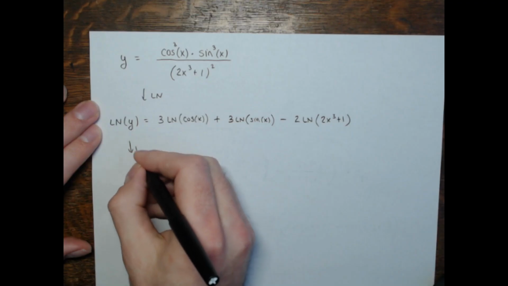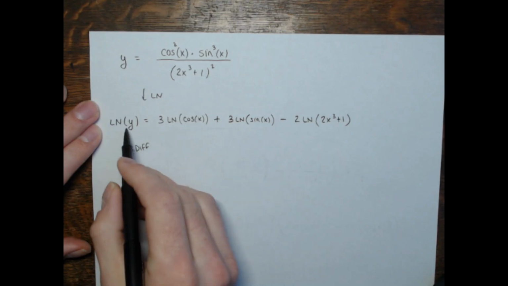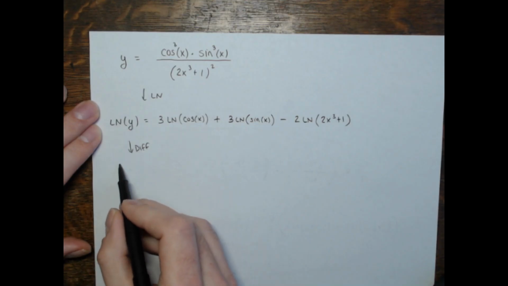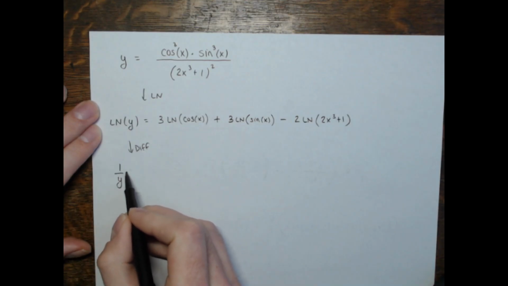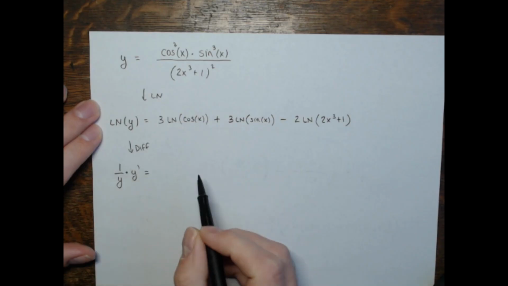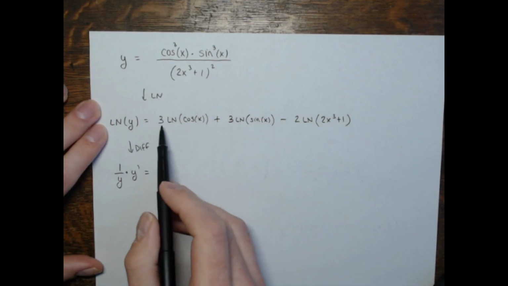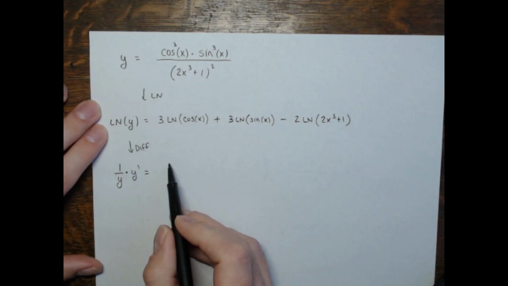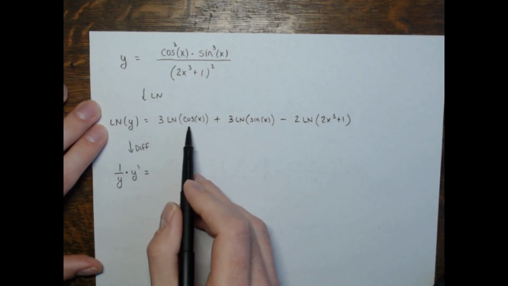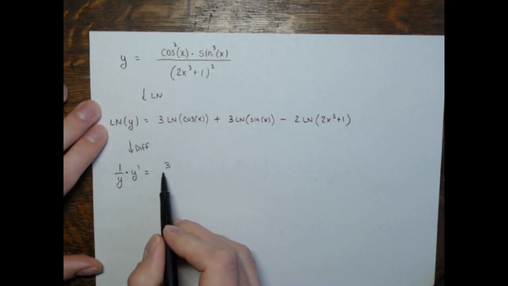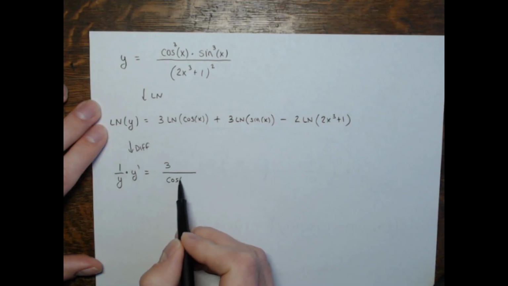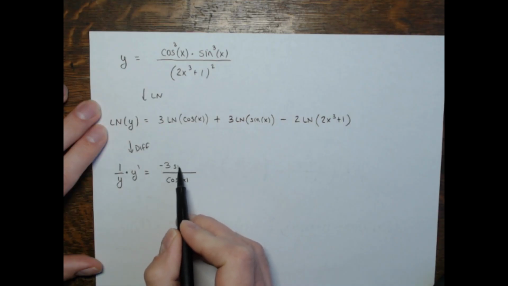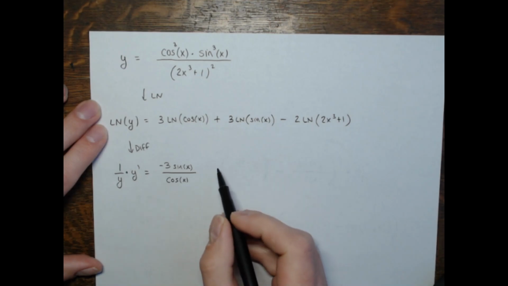Then we differentiate both sides with respect to x. Once again, the log y thing would be 1 over y, then chain rule times y prime. And then going through this, it would be 3 over cosine times negative sine, so this would be negative 3 tangent of x.